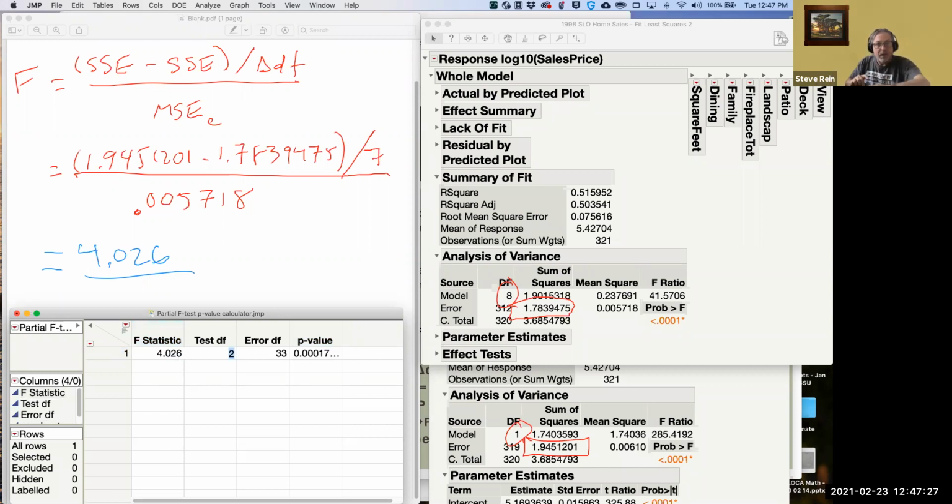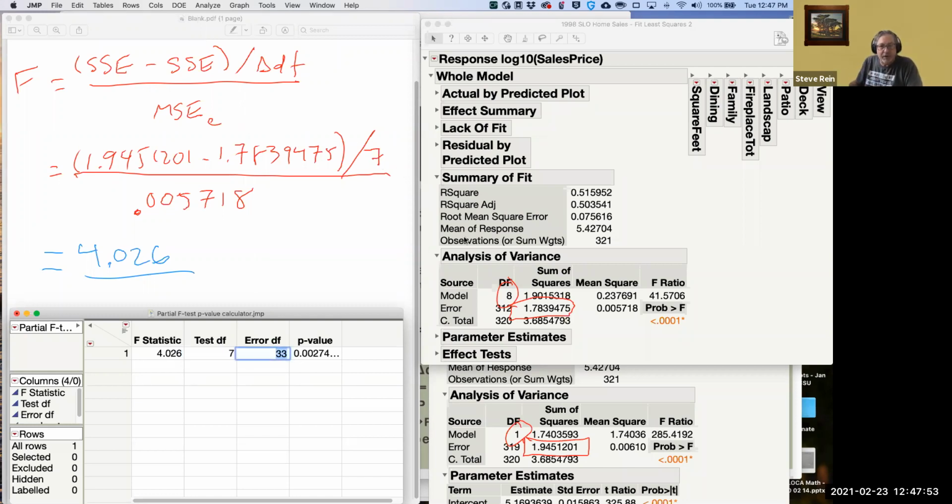Put that in. Well, the test degrees of freedom is our numerator degrees of freedom. And when I say numerator degrees of freedom, do y'all spot the 7 is, even though it's in the denominator of the numerator, it's still in the numerator? Okay, so what we call numerator degrees of freedom is the change in degrees of freedom between the two models, 7.